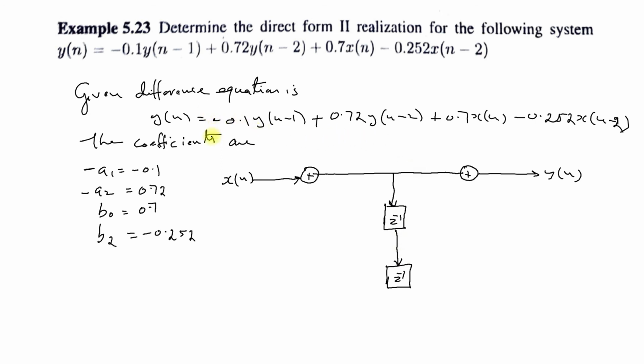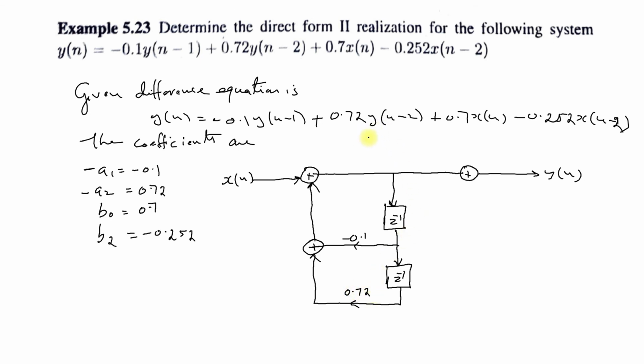Then we know that minus a1 equal to minus 0.1. So after one delay we draw that value, minus 0.1. Then we have a2 equal to 0.72, that is after the 2 delays we have the coefficient 0.72.